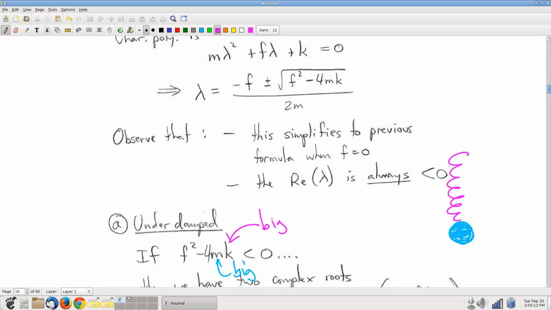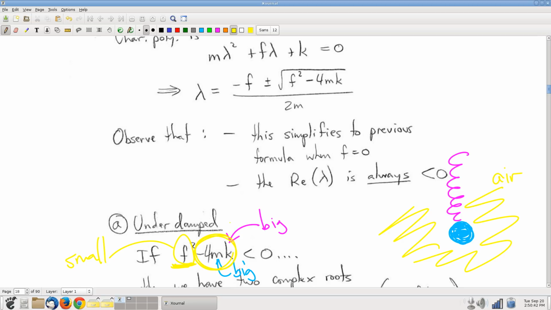And it was moving through air, just this very light air, which would suggest that this number was small. So the way we phrased this question, the manifestation of the problem that we were visualizing to start off with, suggested that we had a small positive number and then a big negative term over here. So we were thinking in terms of a negative discriminant, but that doesn't mean that it has to be.